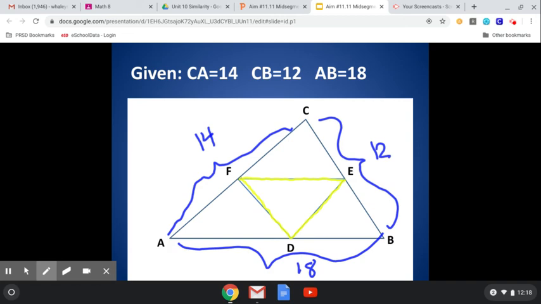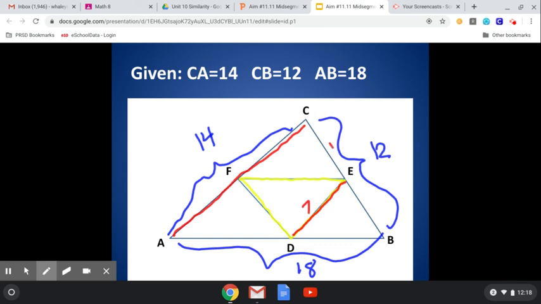Okay, so if I want the perimeter of that smaller inside triangle, I need all the lengths of the sides of that inside triangle. Well, here's the deal. If AC is 14, then DE is half of that, 7. It's the mid-segment of that one.